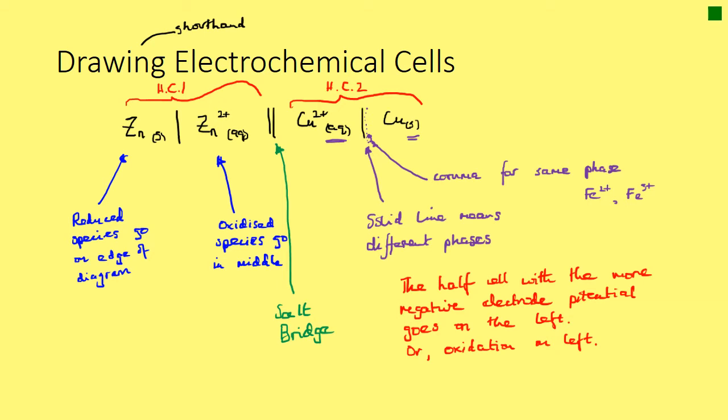So that's why we write it in this order: zinc solid, and then comes the zinc ions, and then after the double vertical lines we've got the copper 2+ ions followed by the copper solid. That's the order in which we write them, that we've just illustrated with these two blue rules. Okay, so I'm going to switch to green, because then we're going to talk about these double lines here, and so they show the salt bridge.